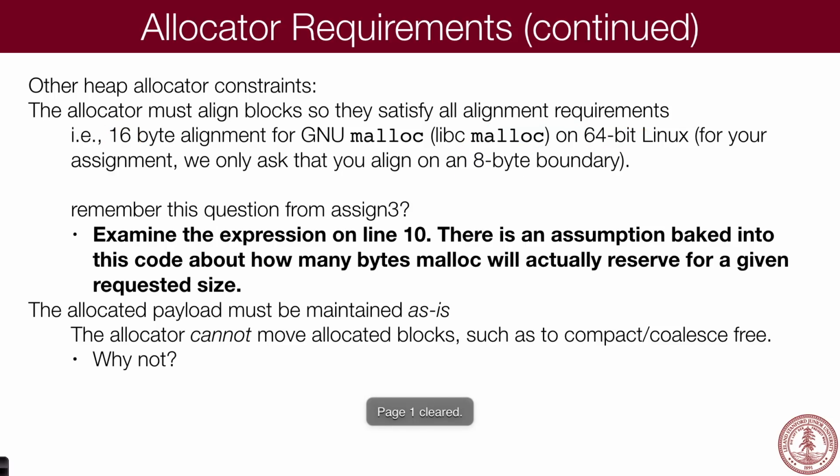Remember this question from assignment 3? Examine the expression on line 10. There's an assumption baked into the code. This was the part of the assignment where it was doing, I think it was strcpy, but it was really fast. And it was really fast because it was doing 8 bytes at a time.